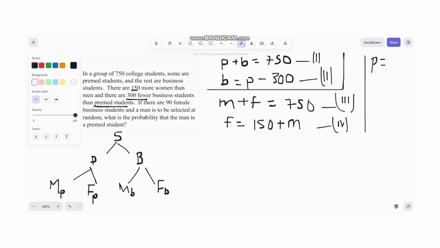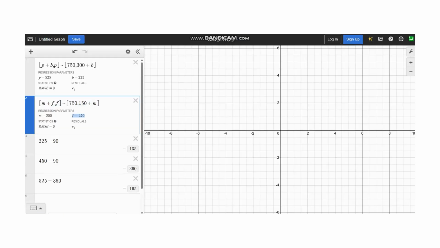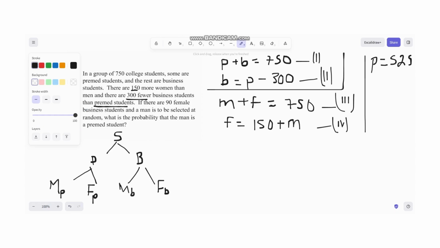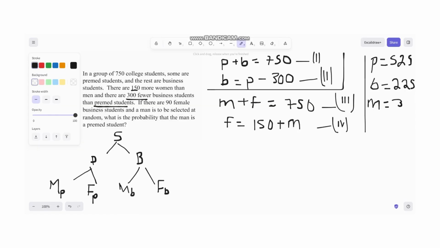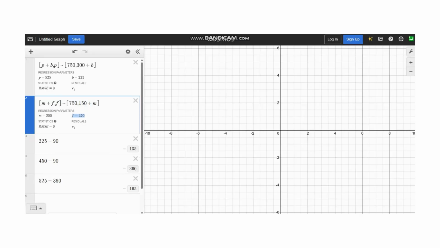That is number of prim students equals 525. Since we have got this value from our equation, number of business students is 225. Again, total number of male students including both categories, that equals 300. And lastly, number of female students, that will be obviously 450, right?